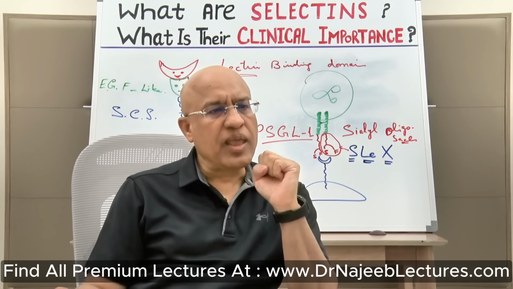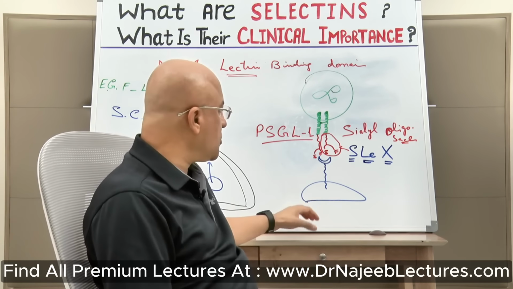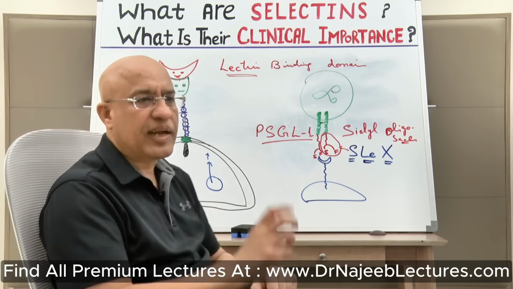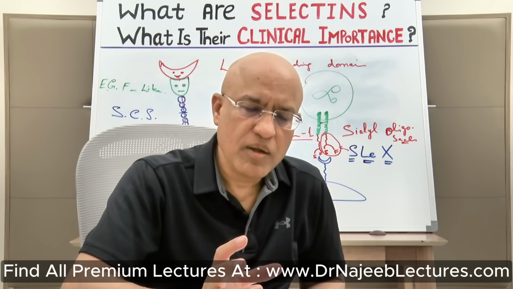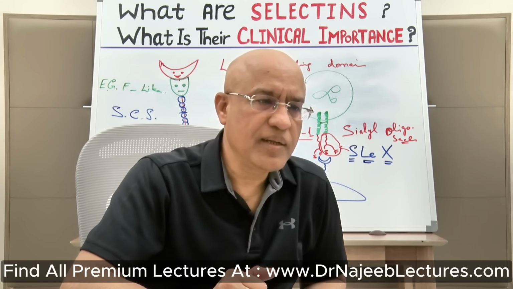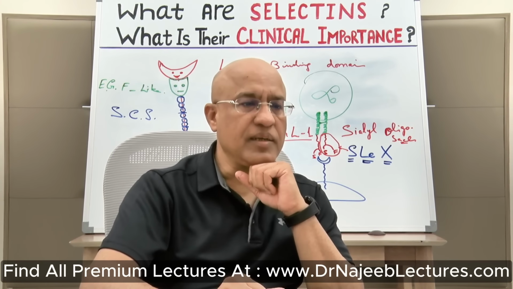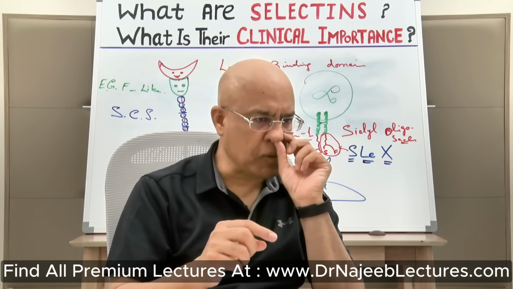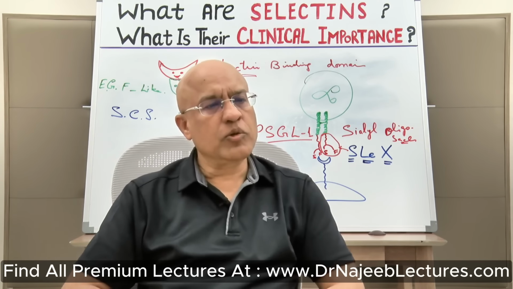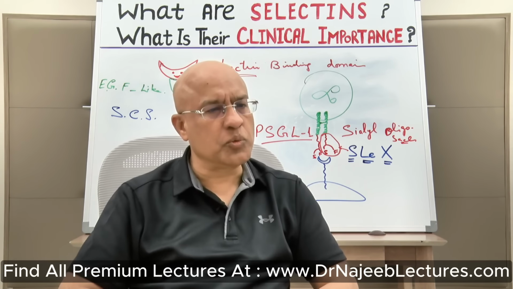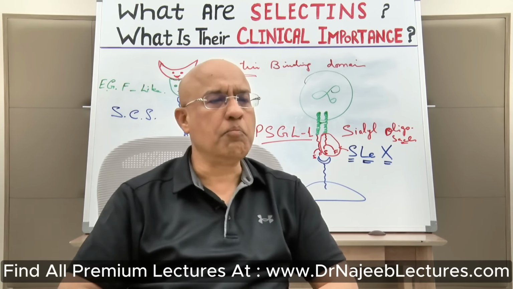Then there is another role of selectin, that is L-selectins. As I told you, L-selectins are expressed on the white blood cells. Especially I would mention L-selectins expressed on the lymphocytes, right? What happens? These lymphocytes, when they are circulating in our circulatory system, reach the peripheral lymphoid tissue, especially the lymph node or the MALT.